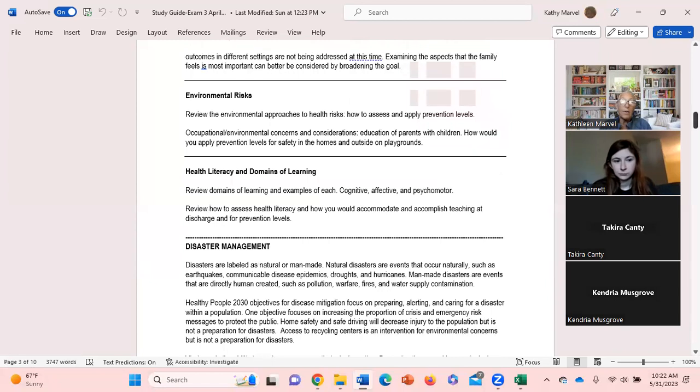So with regards to the environmental risk concept, we're asking you to review the environmental approaches to health risks, how to assess and apply prevention levels. Please go back to the environmental chapter and review the approaches. We talk about occupational environmental concerns and considerations.